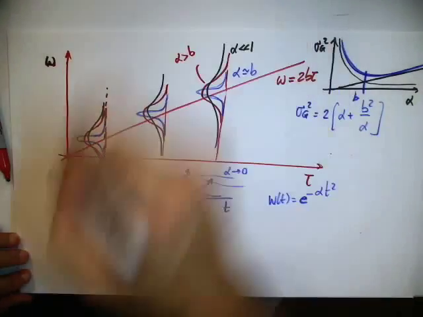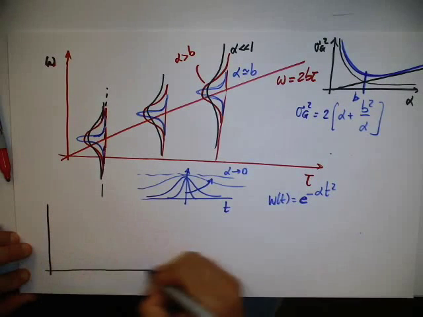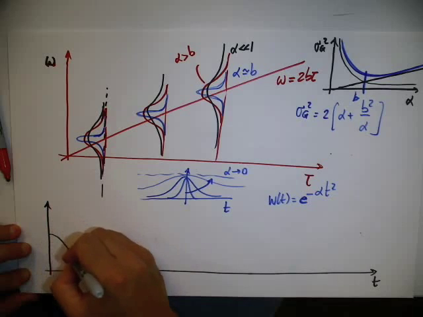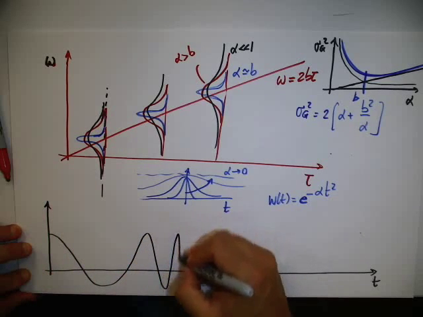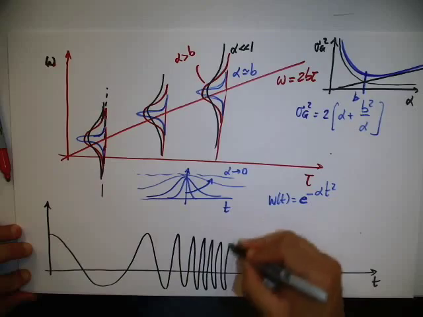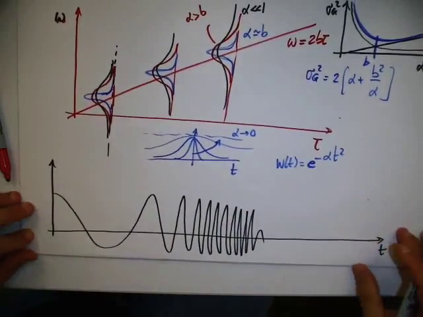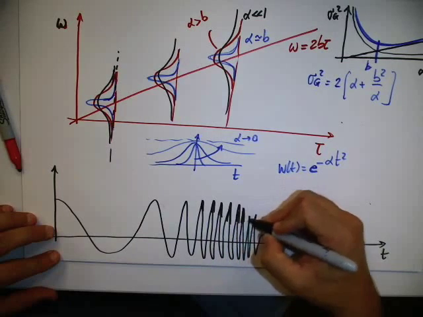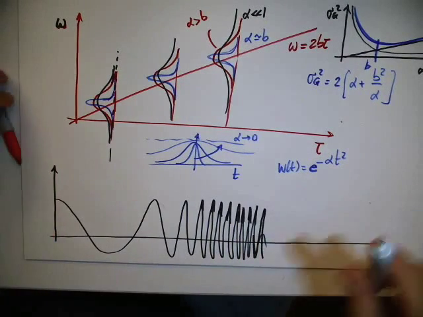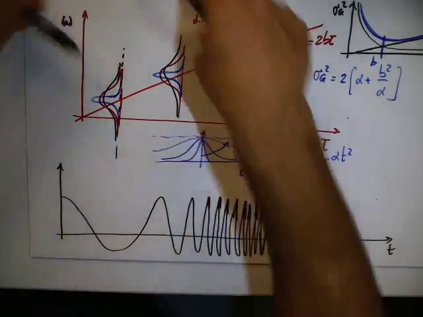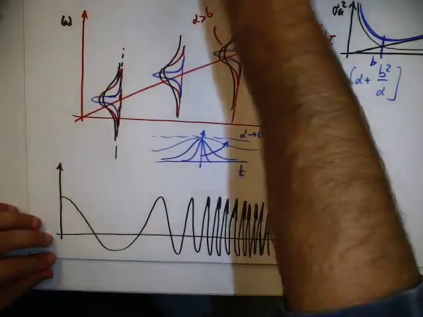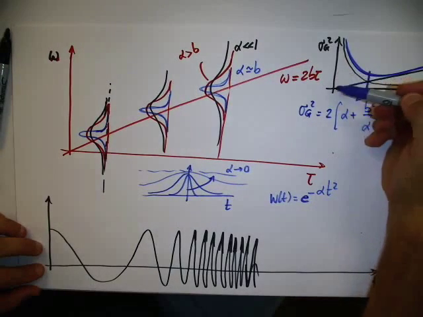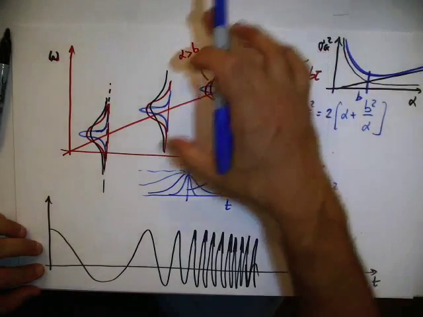Because our signal is the following, when the window is very large, when alpha is very small, you see that the spread almost becomes infinite.